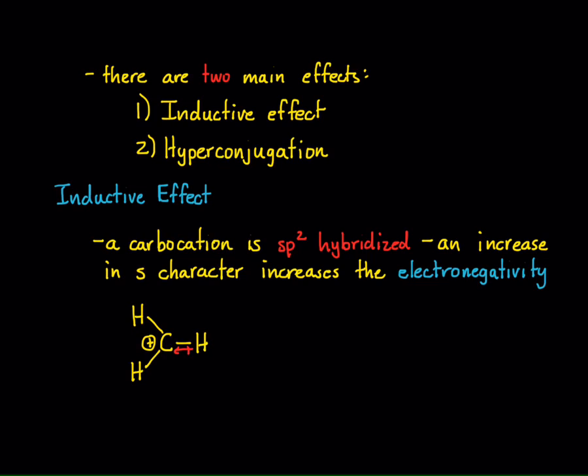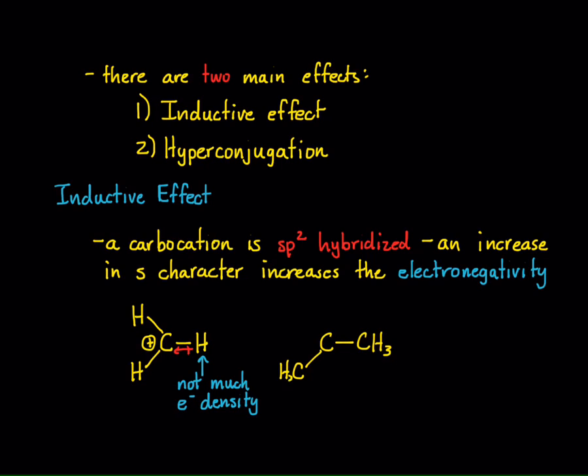And of course, it's going to withdraw electron density away from the hydrogens, but hydrogen doesn't have much electron density to begin with. And therefore, this is a very weak dipole moment simply due to the fact that hydrogen doesn't have electron density.